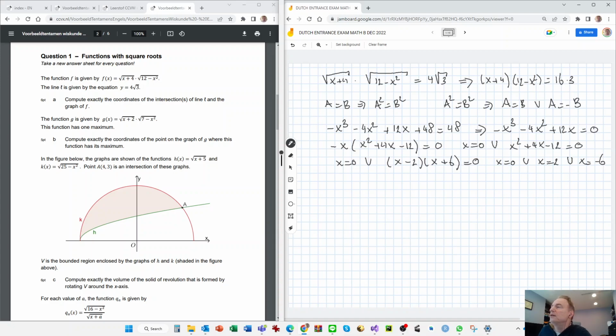And now we have to go back here and substitute each of them. The first, x is 0, you get the square root of 4 times the square root of 12.